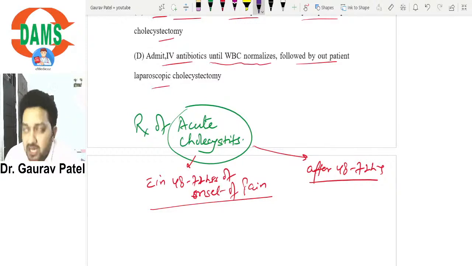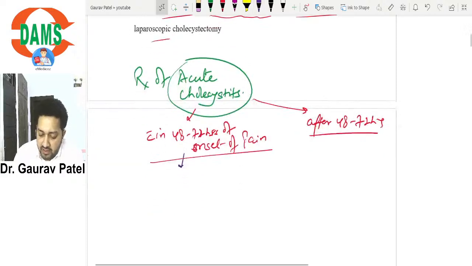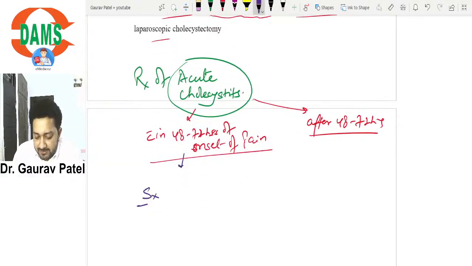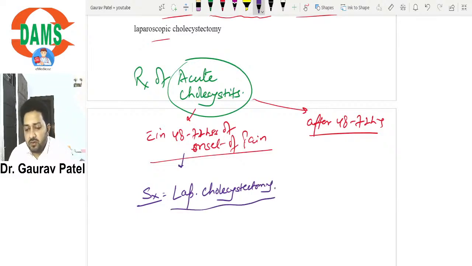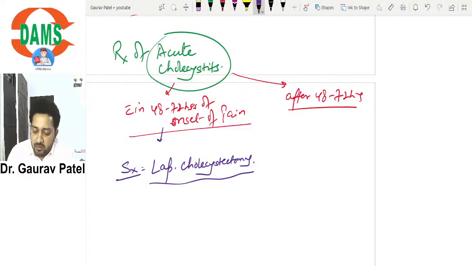If the patient comes within 48 to 72 hours of the onset of pain, then the treatment is surgery. Go for laparoscopic cholecystectomy. These days the guidelines say in the first 48 to 72 hours you can go for laparoscopic cholecystectomy. It will be a bit more difficult than the usual elective cholecystectomy, but still in most cases it is feasible. But when the patient comes after 48 to 72 hours, what will happen?